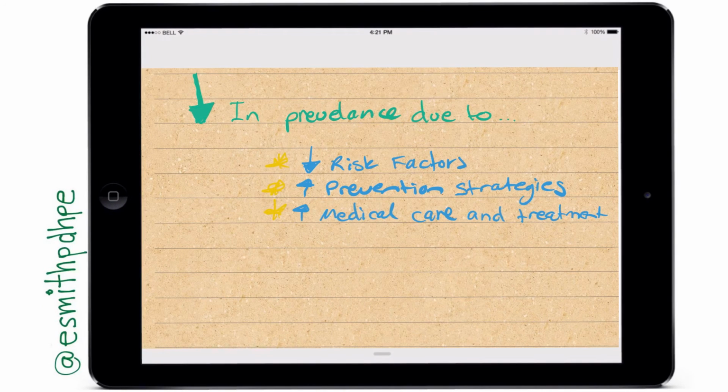Having a look at other reasons why there's been a decrease in prevalence, there's been prevention strategies put in place by the governments. So, for example, smoking campaigns or new smoking laws have obviously decreased the rates of smoking, which is a risk factor for cardiovascular disease. And there's been an increase in medical care and treatment for people who have been admitted to hospital for cardiovascular disease.